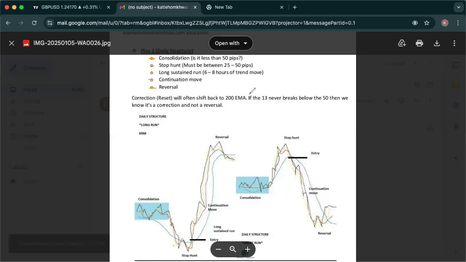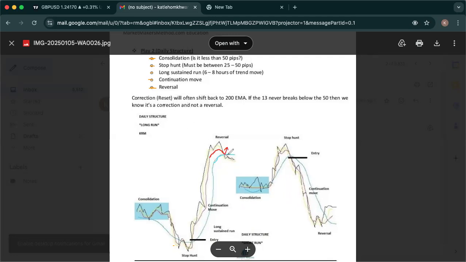So it says if the 13 never breaks below the 50, then we know it's a correction and not a reversal. The 13 moving average is the red one. If it never breaks the 50 moving average, which is the blue one, and goes like this, bounces and then goes up, then it was not a reversal.